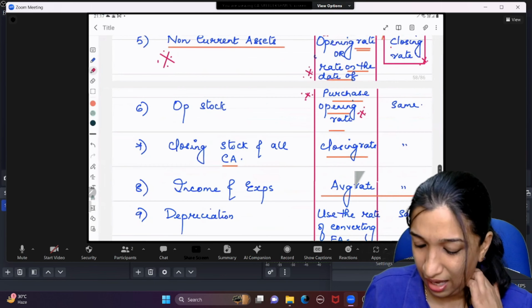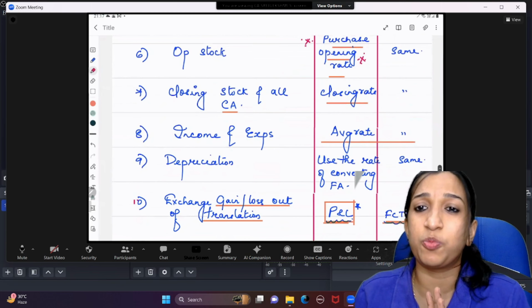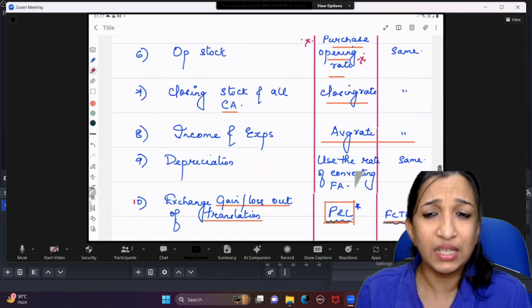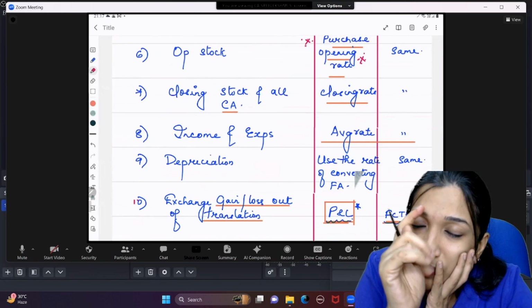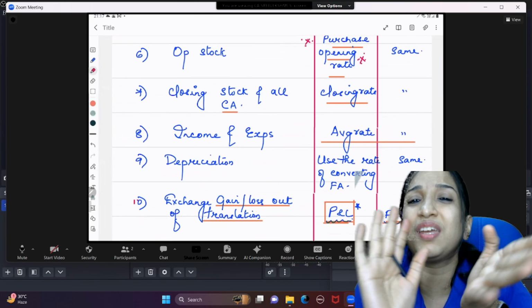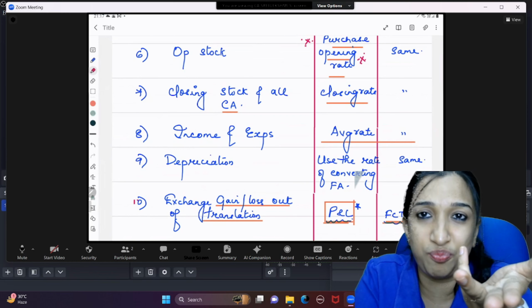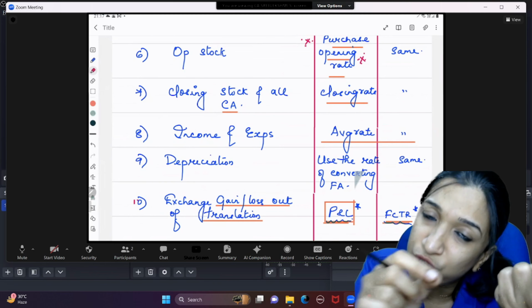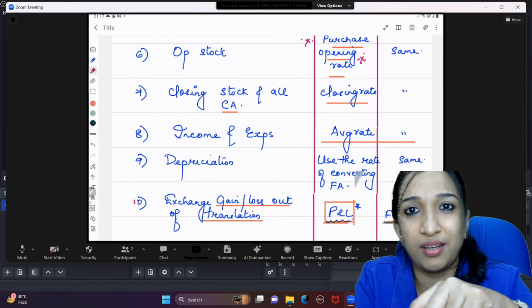Closing stock and all other current assets, closing rate. Income and expense, average rate. Depreciation, again there is a difference. Which rate is used for converting fixed asset? If integral, you would have used rate on the date of purchase. Then depreciation also rate on the date of purchase. If it is non-integral, you have used closing rate.